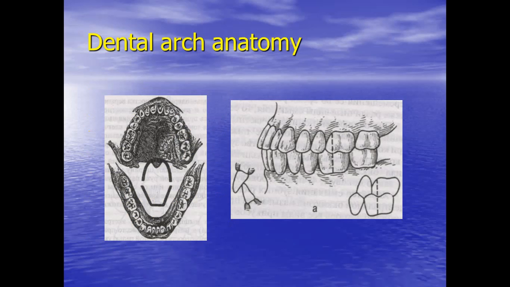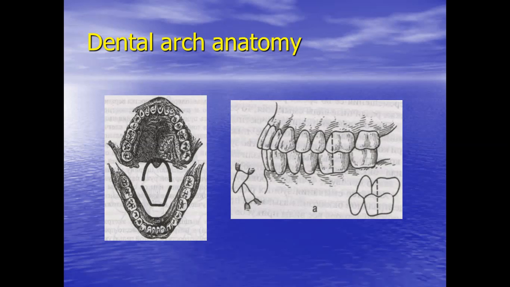Okay, so then if we recall the basic examination, in case of partial denture, we also start with inspection. We had extraoral examination and so on. Now we look in the oral cavity.